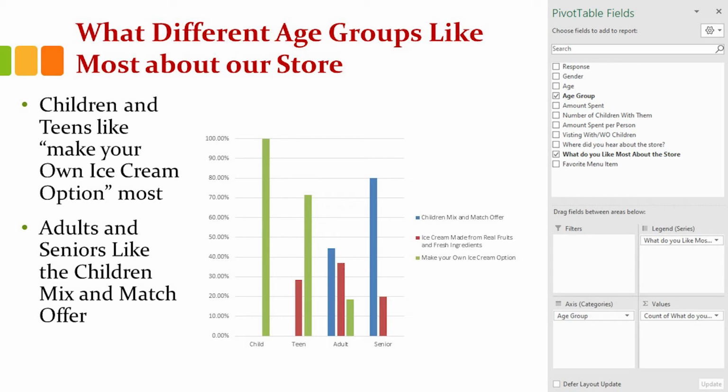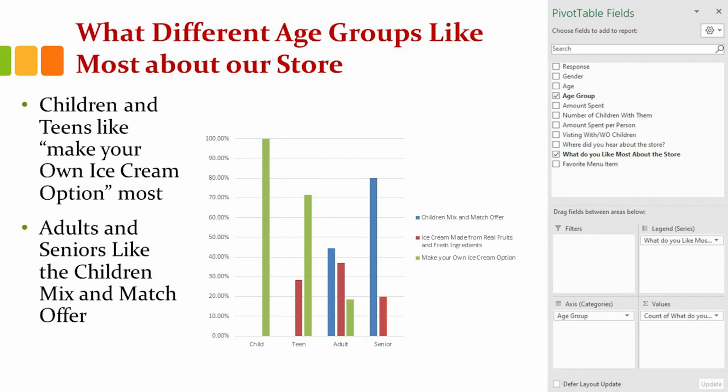For adults and seniors, the most important quality of this ice cream shop is the children mix and match offer. So probably some kind of a discount if there are several orders. So it's kind of a mix and match discount.